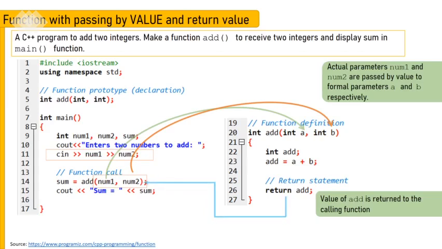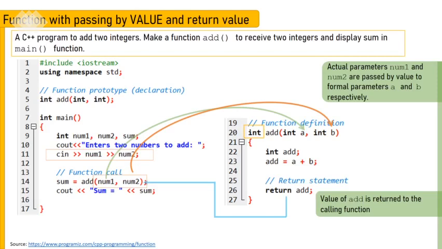Now, the value of add in line 14 will be assigned to variable sum in the main function. So sum, a local variable inside the main function, will store the value from the add function definition and display it in line 15 as sum equal to the value. Now class, int in line 20 is the function's return type.